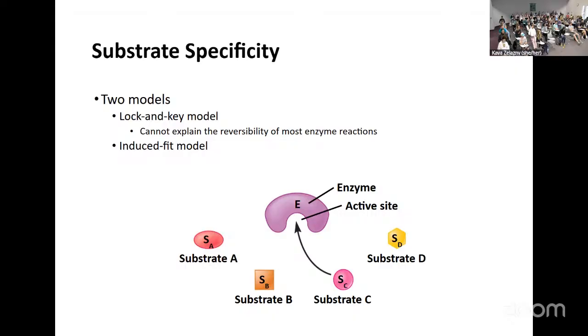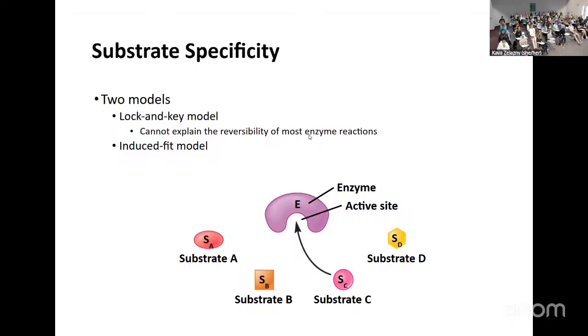The typical one you learn first is a lock and key model. This works pretty well for understanding enzymes. It happens to not be perfectly accurate. There are some enzyme reactions that are reversible, that if you're really focused on the details of the lock and key model wouldn't make sense. So we also have an induced fit model, with a little adjustment that works similarly to the lock and key model with a little bit of a twist.